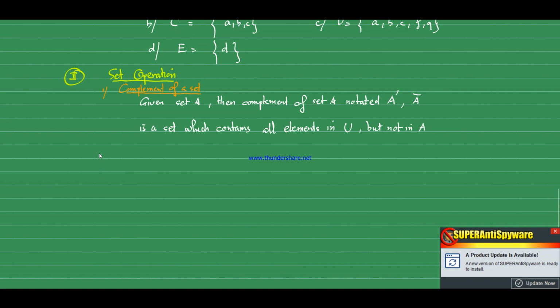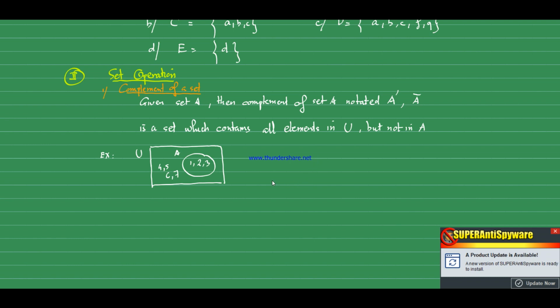For example, I have a universal set like this, and I have set A like this. I have over here 1, 2, 3, 4, 5, 6, 7.